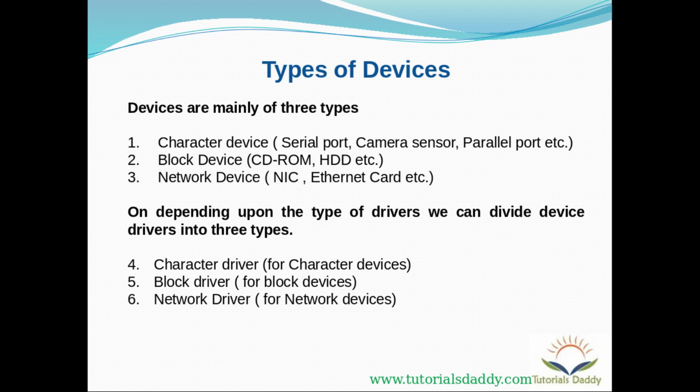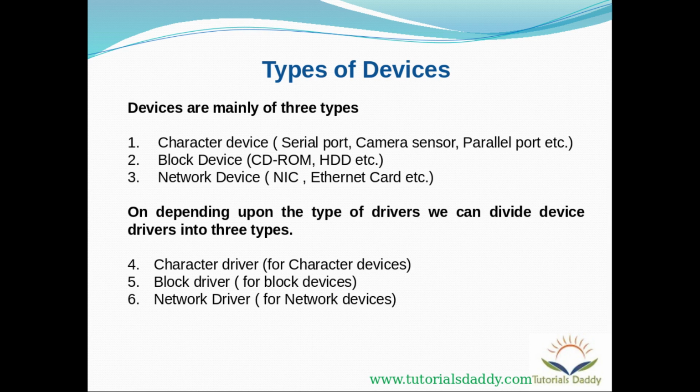So now, depending upon the type of devices, we have types of drivers as well. So first understand the main types of devices. Depending upon how data is being transmitted from the device to the host machine and from the host machine to the device, we divide devices into three types.